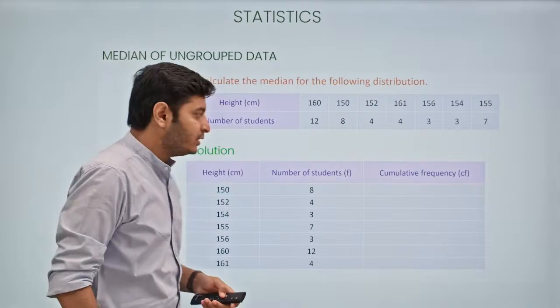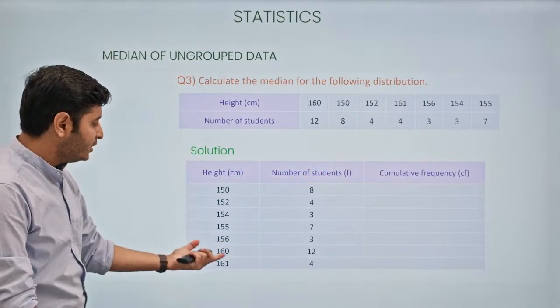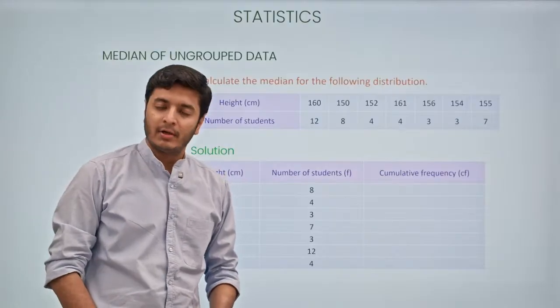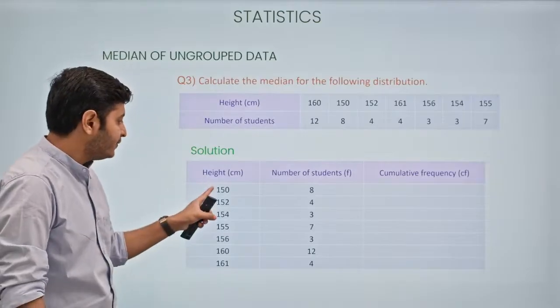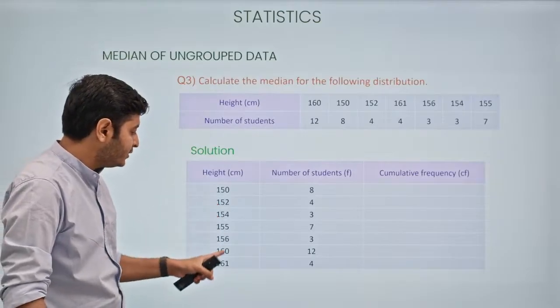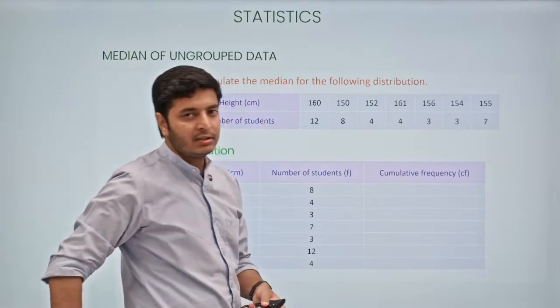Then we can do one thing. We can create a table like this. We are gonna again arrange the values in ascending order. So 150 first, 152 second, and so on till 161. We are gonna write their respective frequencies here.